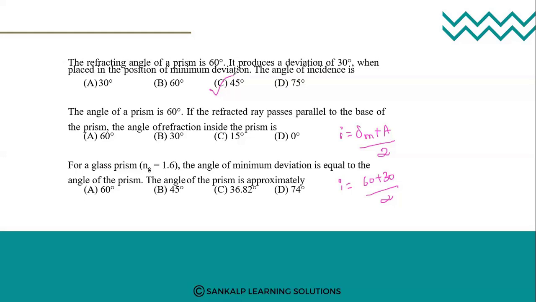Here the value of A is given, and the refracted ray passes parallel to the base of the prism. So the angle of refraction, r value, we have to calculate.